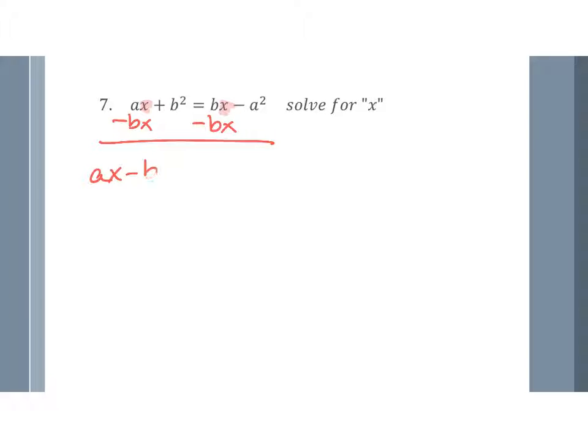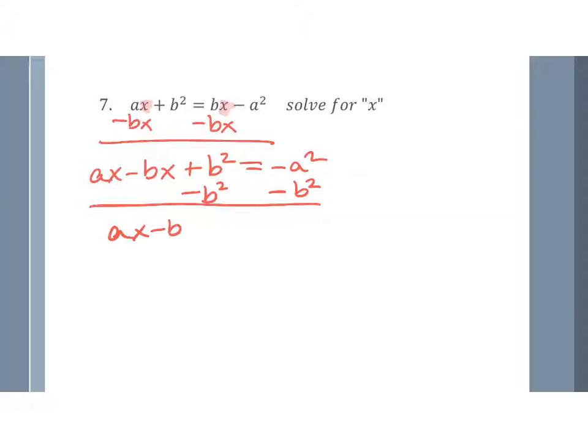So ax minus bx plus b squared equals negative a squared. Then if I move the b squared, ax minus bx equals negative a squared minus b squared.